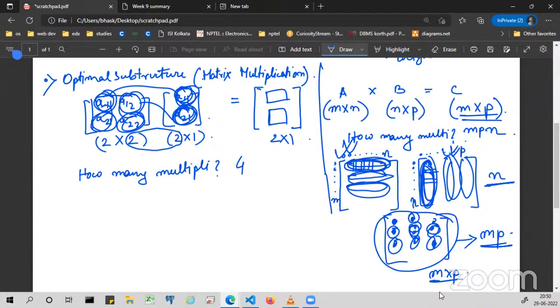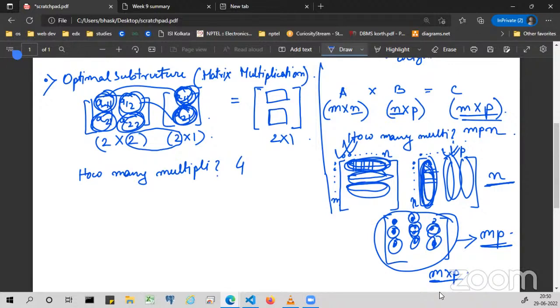So the total number of multiplications in the process of multiplying the matrices is MNP, or basically the unique dimension values of both matrices. Why am I saying unique dimension values? Because these two must be common, right? Otherwise, you cannot do matrix multiplication.